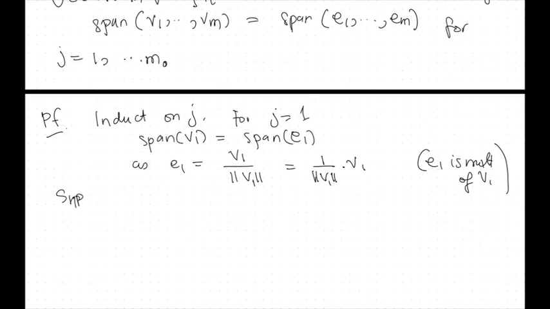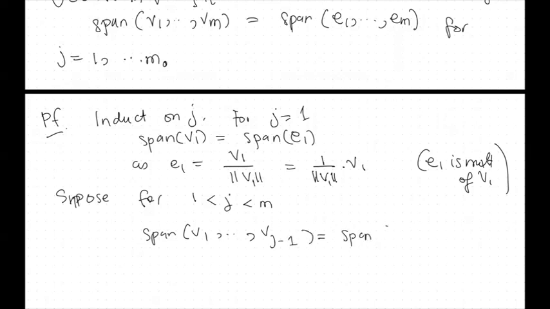Suppose that for j up to m, the span of v1 to v sub j minus 1 is equal to the span of e1 up to e sub j minus 1.